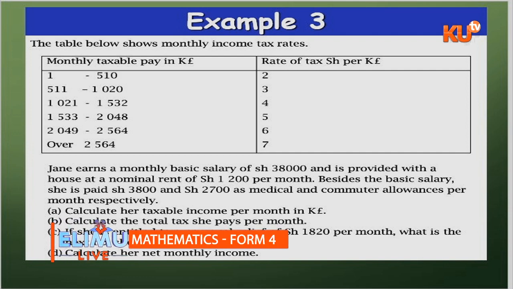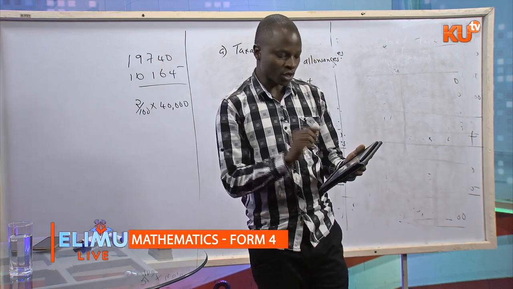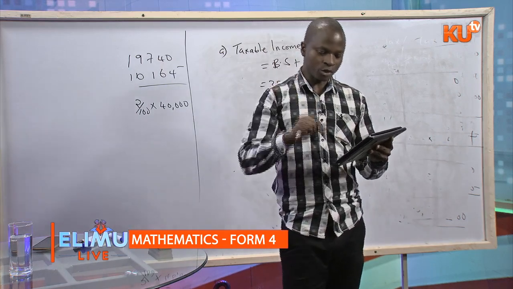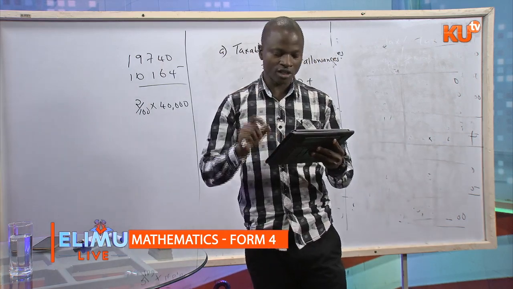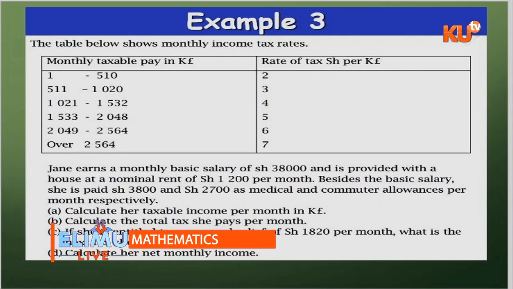Which allowance is this? The house allowance. How do you know she gets a house allowance? You are told she is provided with a house at a nominal rent of 1,200. That means her house allowance is 15% of her basic salary.